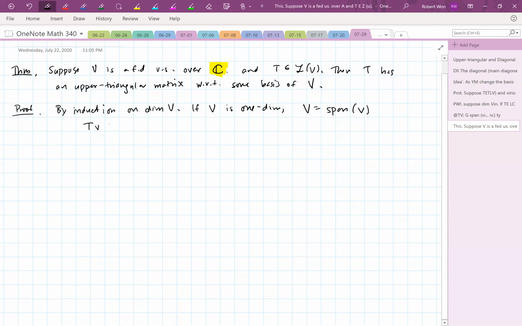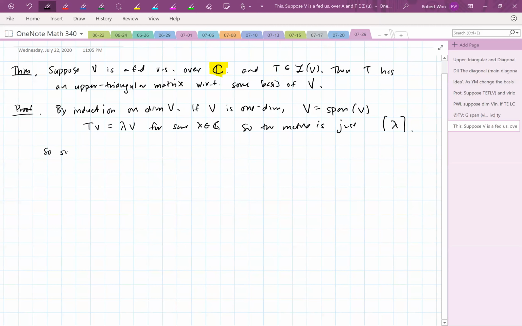So T takes V to something in V, which means that it's some lambda times V. Because that's what the space is. It's just the span of a single vector. Every vector in there is some scalar multiple of V. Right, so the matrix is just lambda. Another way to say this is just that every 1x1 matrix is already upper triangular because it doesn't have any non-diagonal entries. Right? So the base case here, as often is the case, is just a trivial thing.